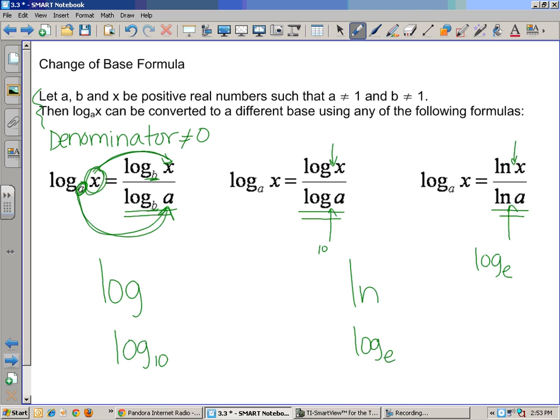Okay, so either one of those is good. And so if you have a special calculator, you can convert that. You can use any number you want there. It doesn't matter so long as it is the same. Okay, log 2 over something. Log 2 over something. Okay, this would have to be a 2 and a 2. 10 and a 10. E and an E.